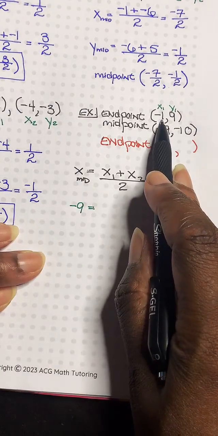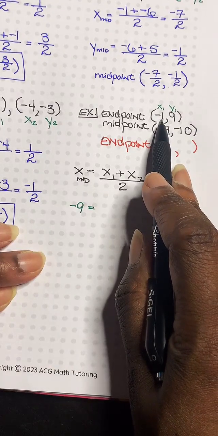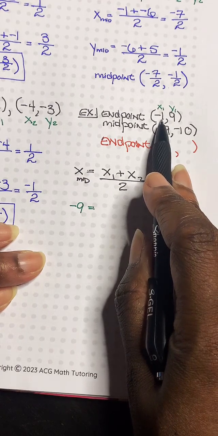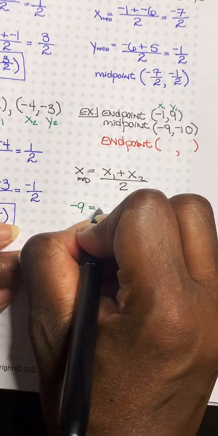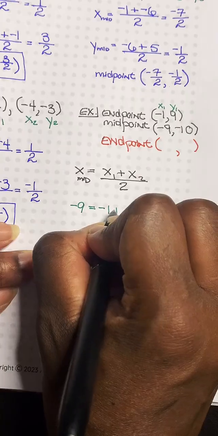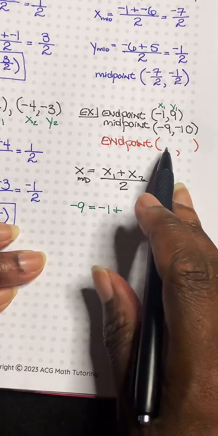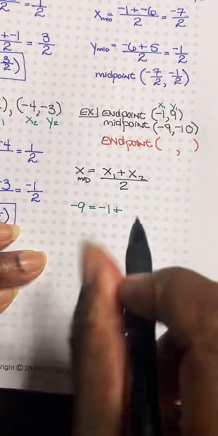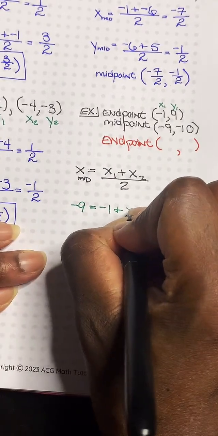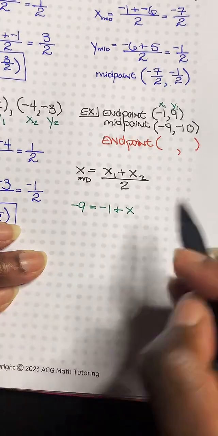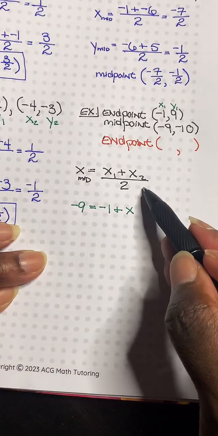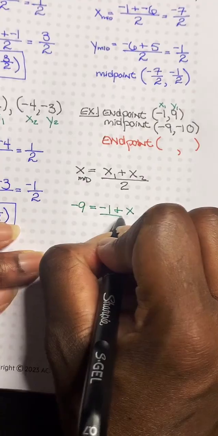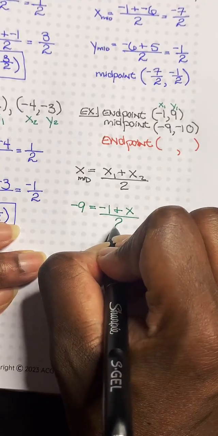We know the x value of one of our endpoints, which is a -1. So I'm going to put -1 plus. But what we don't know is the x value for the other endpoint. So I'm going to put my x. And just like everything for us to find midpoint, we divide by 2.